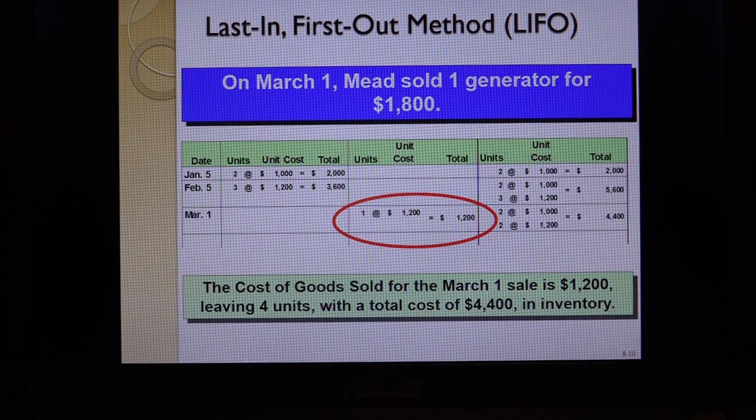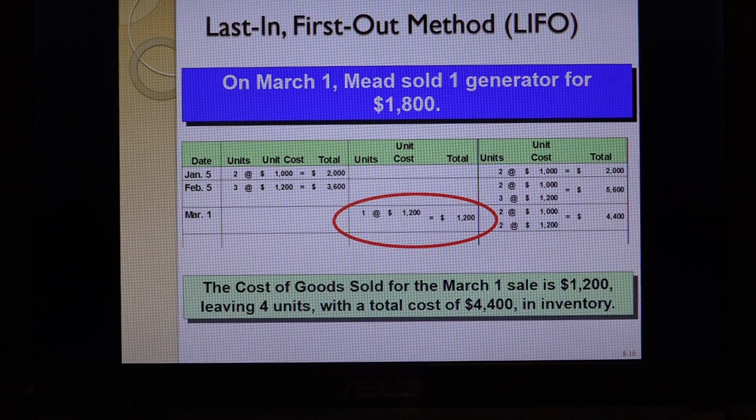But yet, we are allowed some flexibility here by GAAP to assume the last items we purchased are the first ones we sell. Why did they allow that? Well, there's an argument that since prices rise over time, the last items we purchase are more likely reflective of our cost of goods sold, since that's what it's going to cost to replace them.